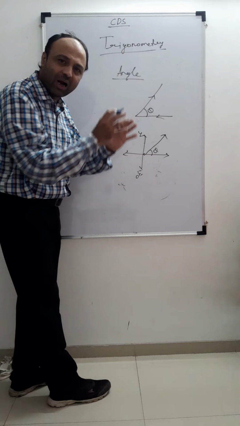What is an angle? Angle is an initial arm and a terminal arm, and this amount of rotation, this arc. This is initial and this is terminal. So the amount of rotation is known as angle, theta, from initial to terminal. If you put it into the Cartesian system, this is the x-axis, this is y, and this is y dash.